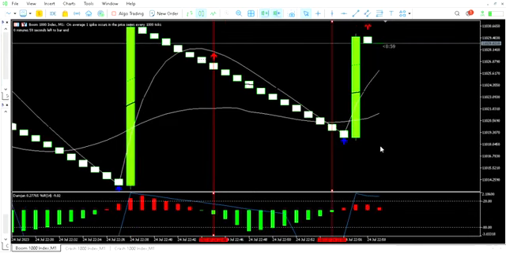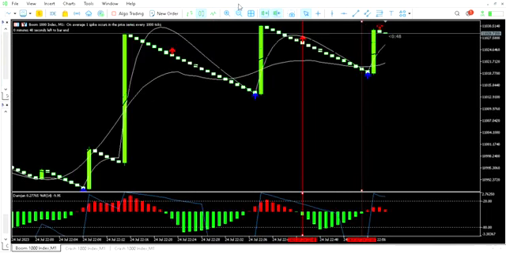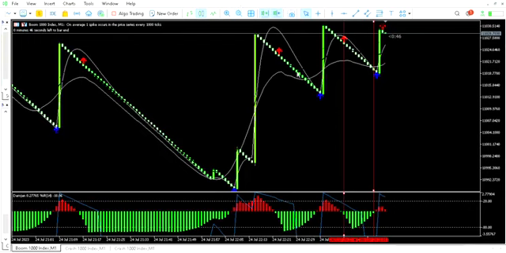So yeah, that was it, ladies and gentlemen. The setup is very easy to set. You're looking at a couple of indicators. They need to be set in a precise way that will allow the trades to be executed perfectly. How many indicators am I seeing here? 1, 2, 3, 4, 5.